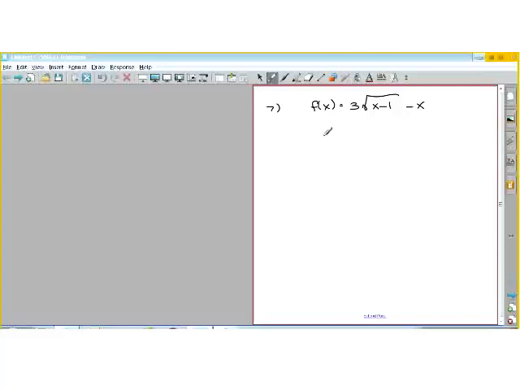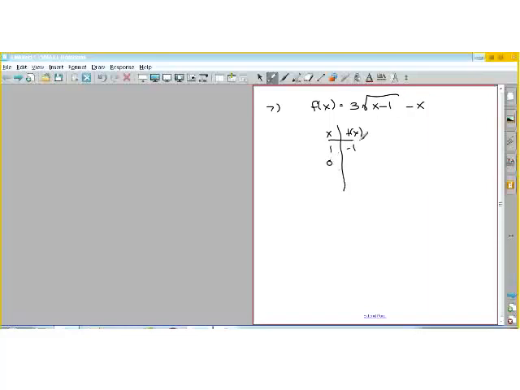I mean, you could try some values of x. So this is x, this is f of x. The minimum number is 1, because you get 1 minus 1, which is 0, so f of x is minus 1 right there.